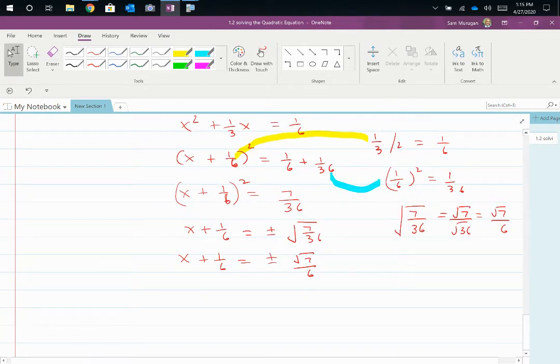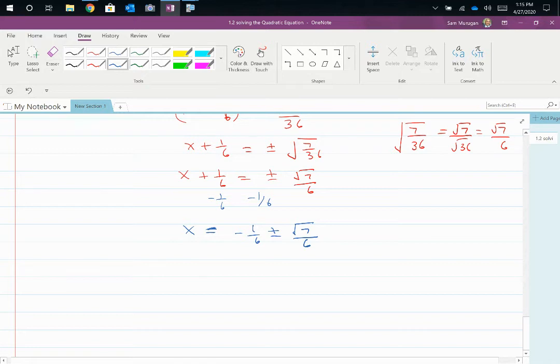Next, we need to take away 1 over 6 from both sides. Okay, that isolates x by itself on the left hand side. This gives x is equal to negative 1 over 6 plus or minus the square root of 7 over 6.